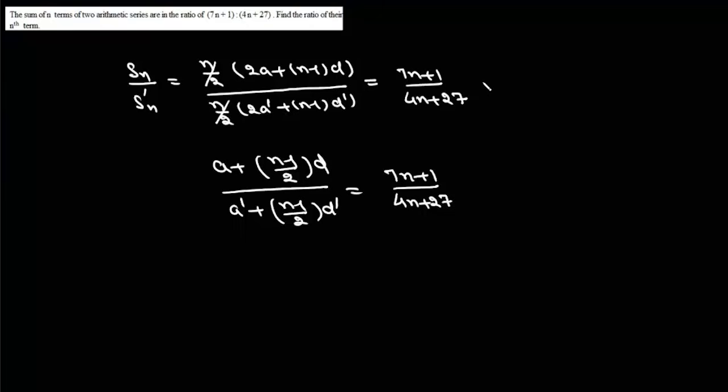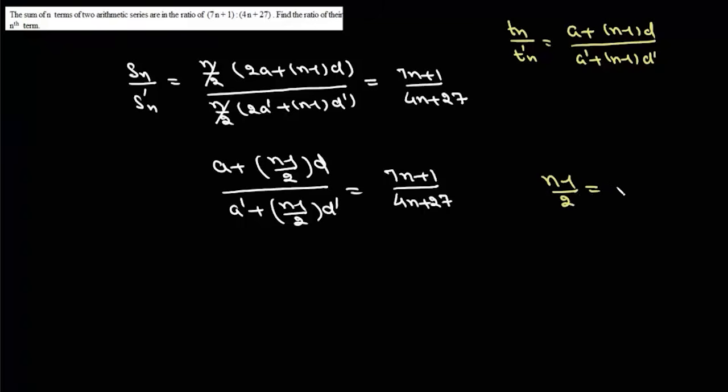Now we have to find the ratio of their nth terms, and we know that the ratio of their nth terms will be Tn upon T dash n, which is (a plus (n minus 1)d) upon (a dash plus (n minus 1) into d dash). So basically on the left hand side we need n minus 1 and not (n minus 1) by 2. So what we'll do is replace (n minus 1) by 2 with, suppose, n minus 1.